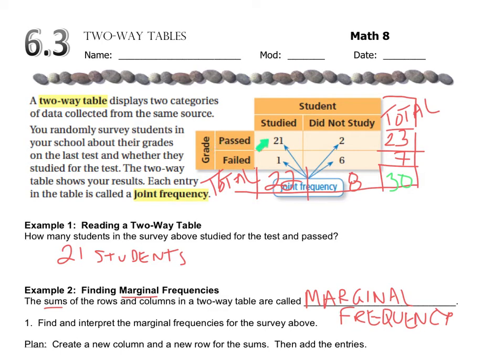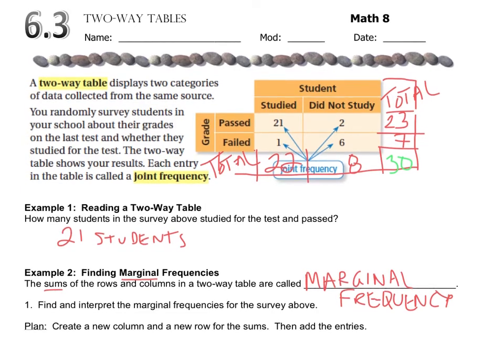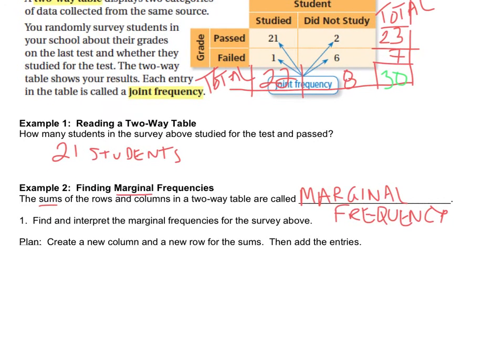There were 23 that passed, and there were 7 that didn't pass. And the big important thing is, how many students did we survey? Right here is the number of students that we talked to. So that marginal frequency in that lower corner helps us verify that we have the right answer, but it also tells us how many people we're talking about in our study.